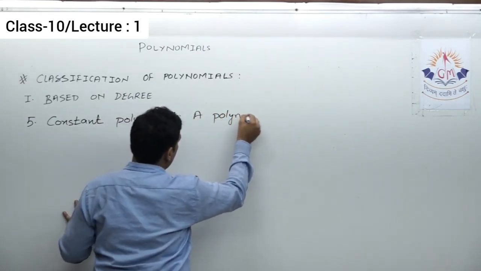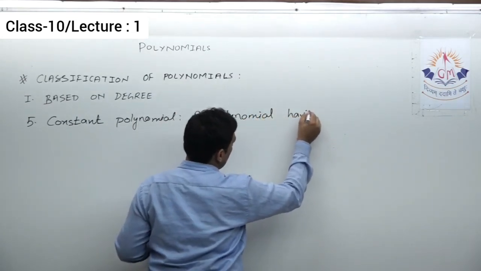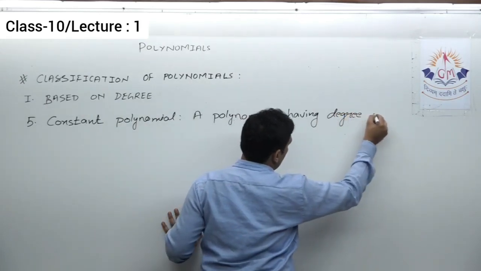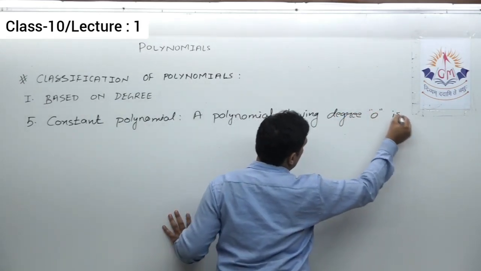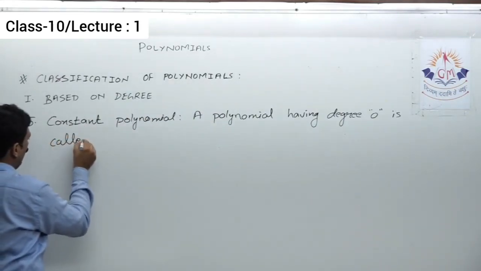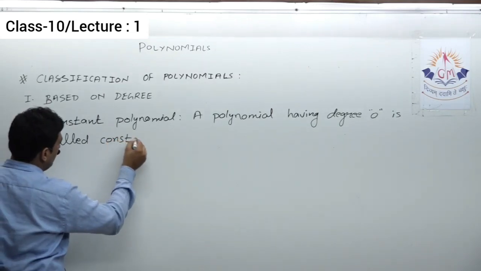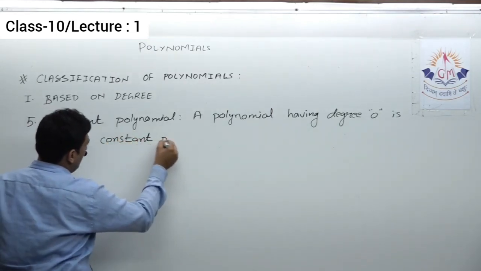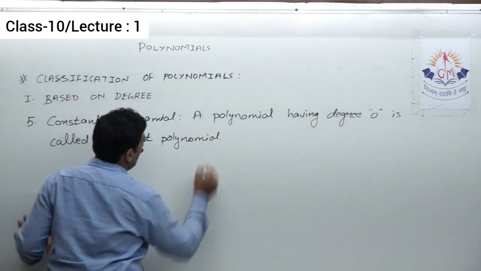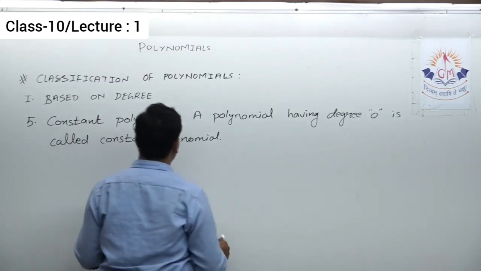A polynomial having degree 0 is called constant polynomial.